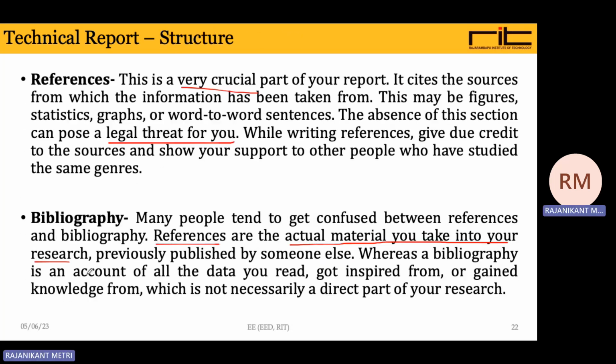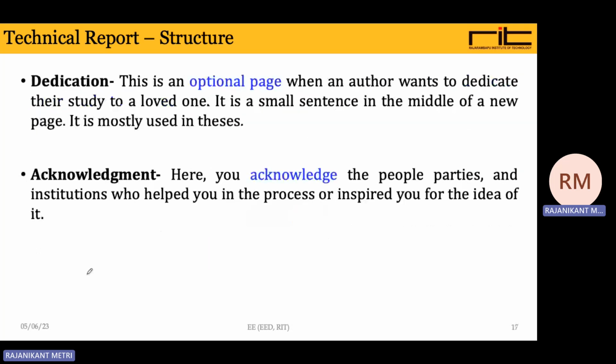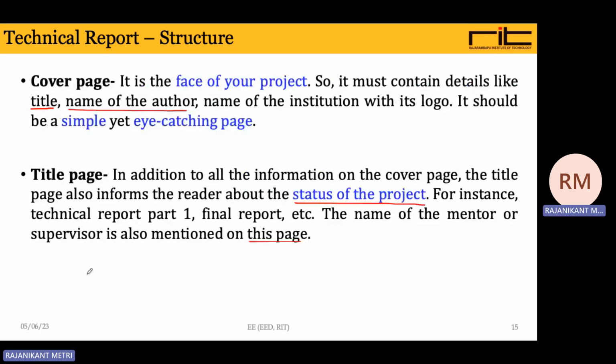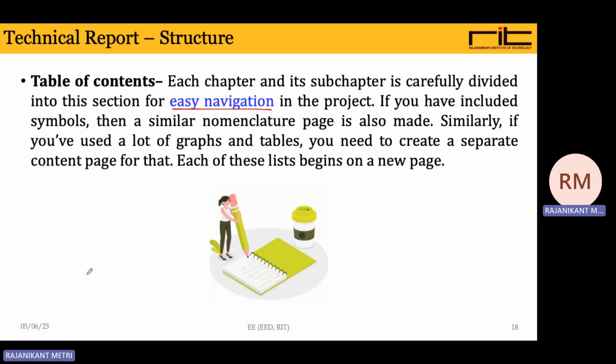So these are the pages or structure of the technical report. It should have a cover page or title page, abstract, preface, dedication, and then acknowledgement page, table of contents, in which again list index, list of figures, list of tables, list of abbreviations must be included.